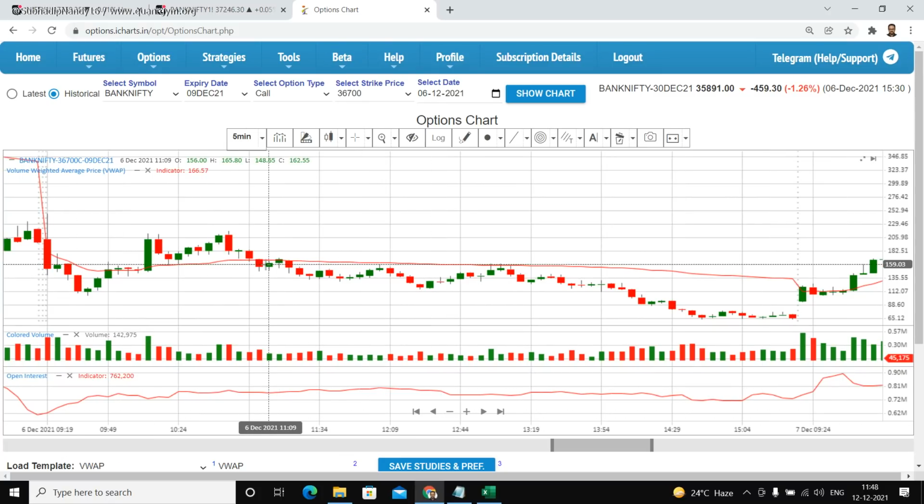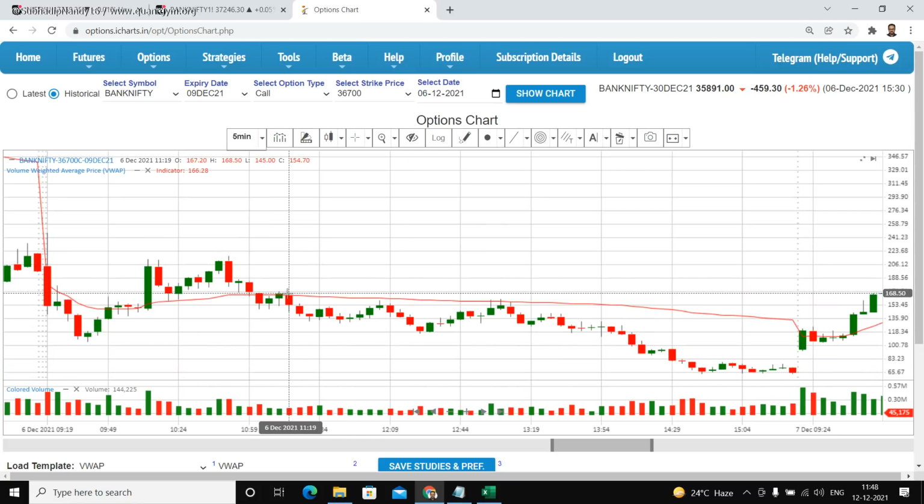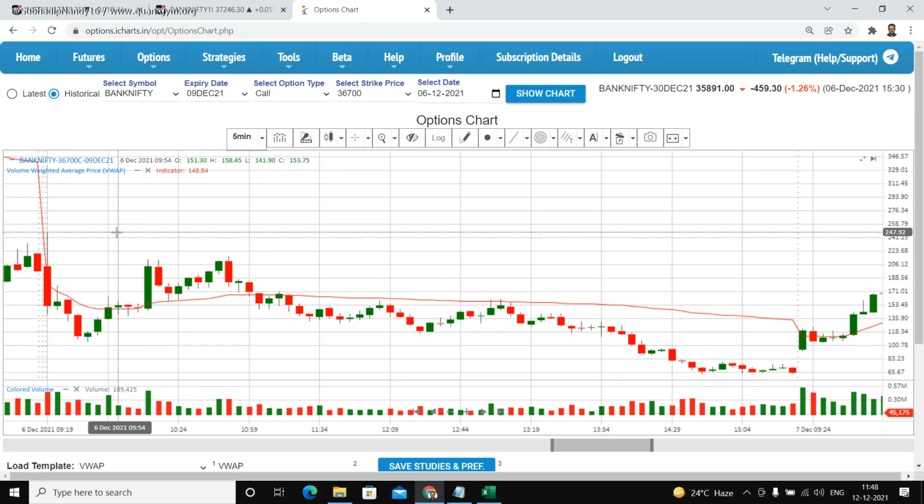At 11 o'clock, let us see. Yeah, 11:10 the call is quoting at 160 rupees. You can see the price on the right hand side. Okay. So this is quoting at 160 rupees. And if I short at 160, say at 11 o'clock around 160, my stop loss will be the day high. Day high is here, something around 247.